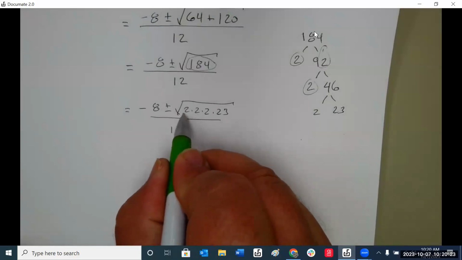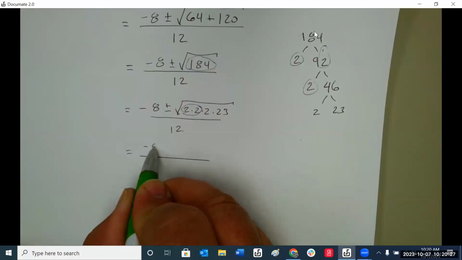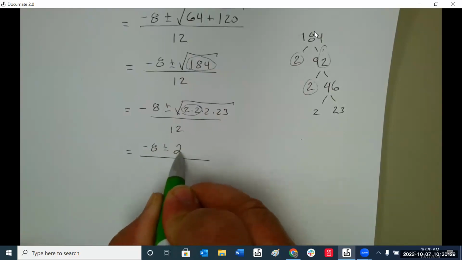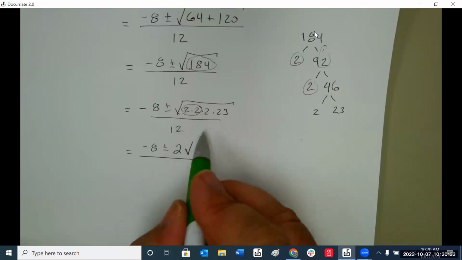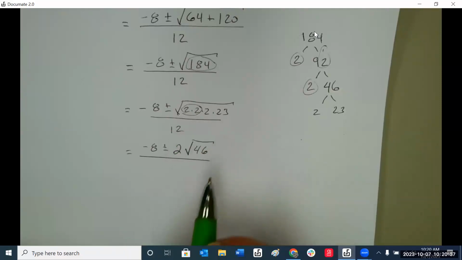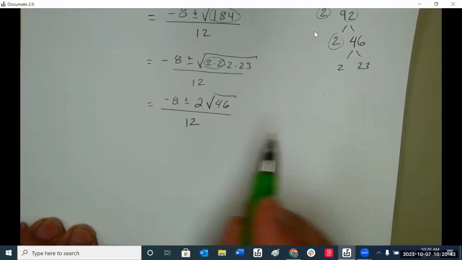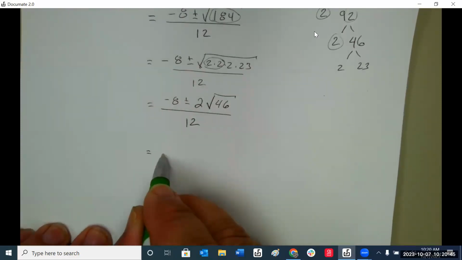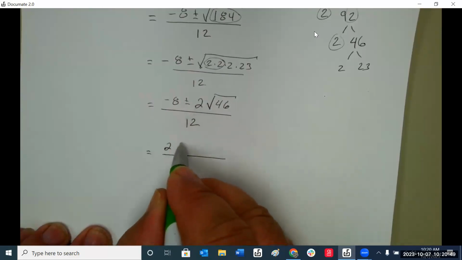This is a square root. If we see 2 of a kind, we can take it out in front. So there's 2 2s and we take it out. And we're left with 46 inside there. 8 and 2 both have a 2 in common.